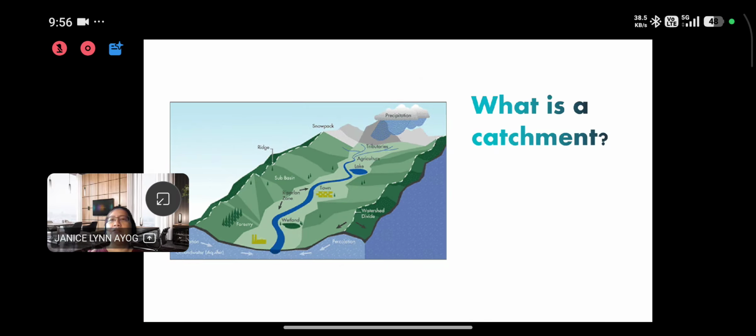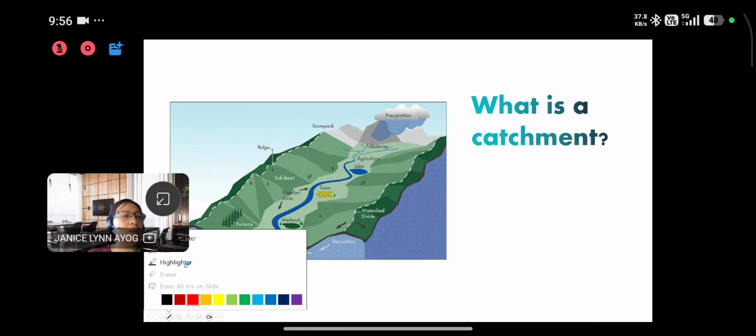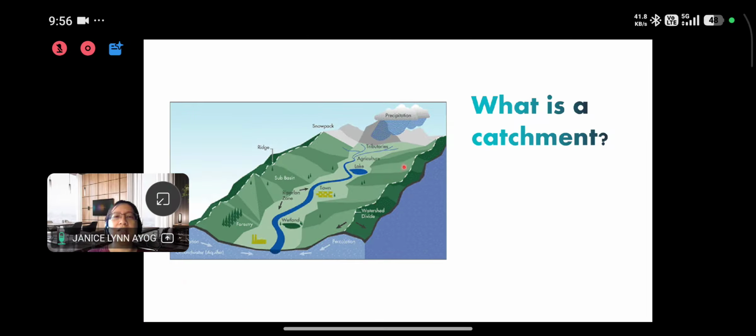Now, for this course, we're going to use the term catchment a lot. This is an example of a catchment, a very simplified drawn catchment. But what does catchment mean?